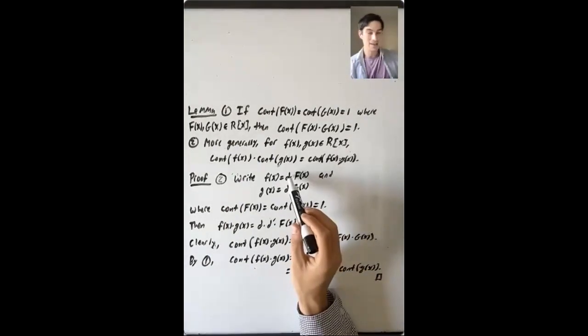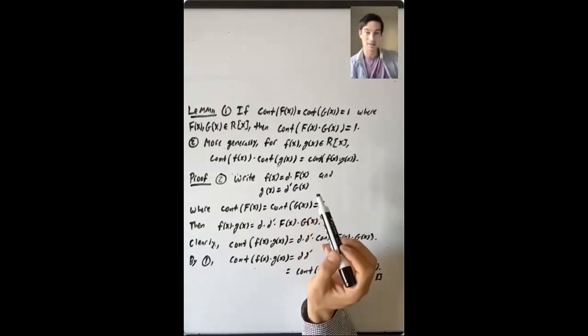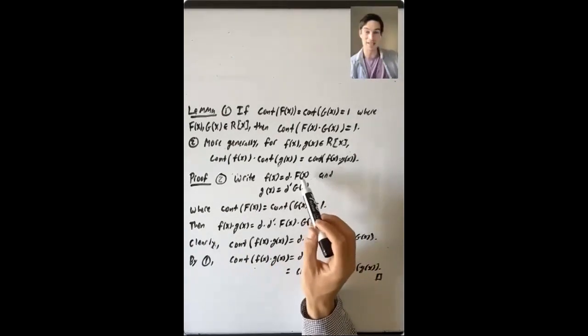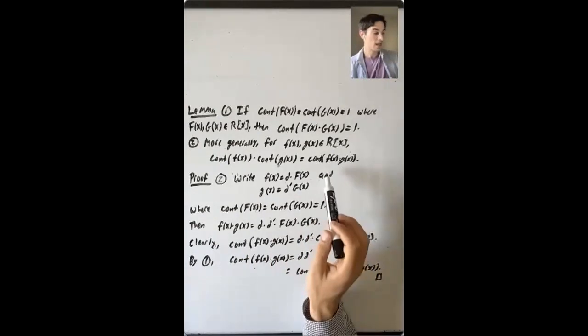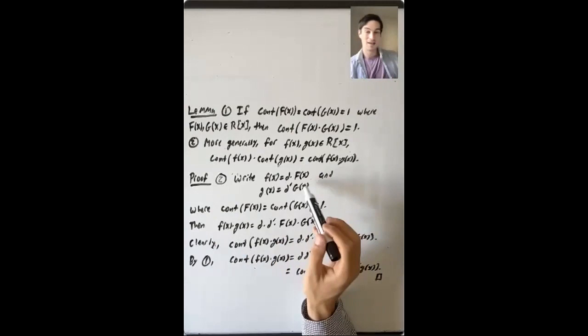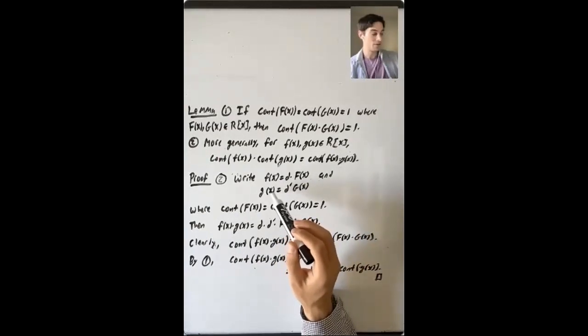Well, that means that we can pull out a factor of d from all of the coefficients. d divides each one of the coefficients, and we can write little f of x as d times capital F of x, where the content of capital F of x is 1, that is, the GCD of the coefficients of capital F is 1. And similarly, we can write little g of x as d prime times capital G of x, where the content of capital G is 1, and d prime is the content of little g.